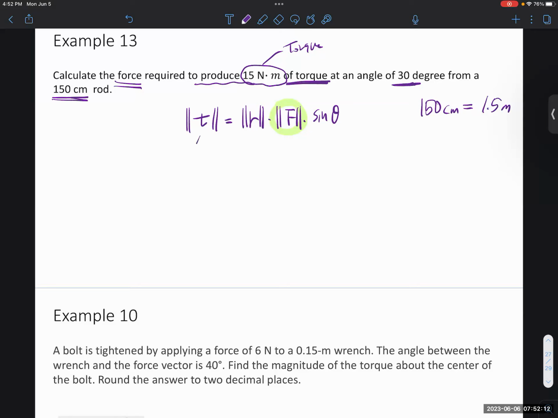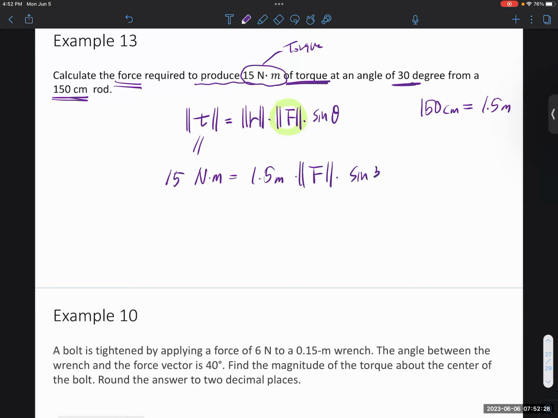So we know this is 15. Actually, this is a joule, but Newton times a meter is equal to joule. The R length 150 is 1.5 meter, and we are looking for force and sine 30. So we are looking for this.